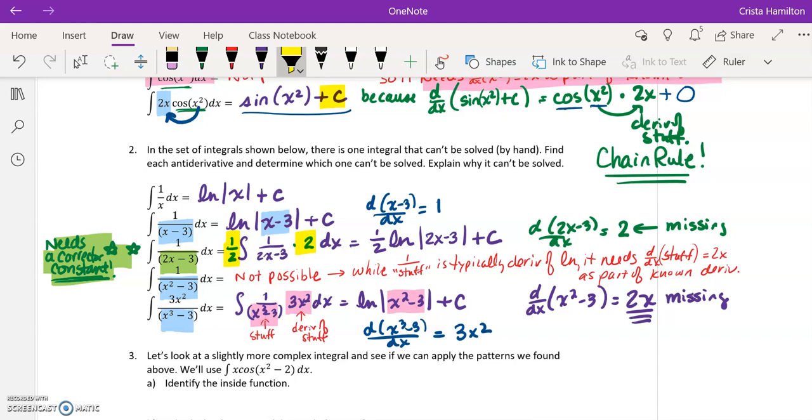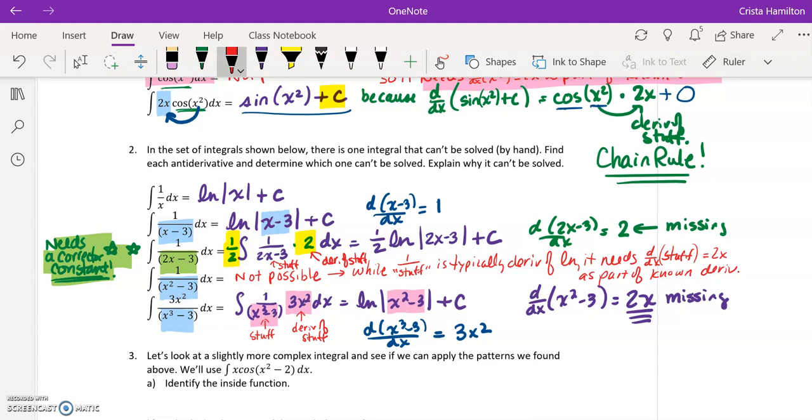And so what you've done is you basically multiplied the integrand by a form of 1. And so when I do that, now I have the quote-unquote derivative of the stuff that I needed in there. So here was my stuff, and then that is now the derivative of the stuff included. So I have it in the proper notation for use of chain rule. And so sometimes you might need to add a corrector.